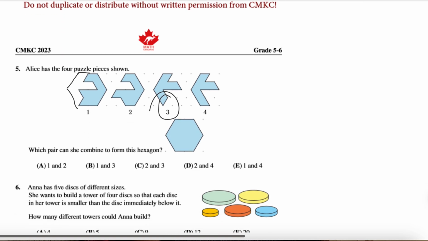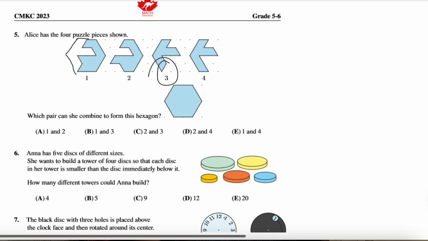Next question. Number 5. Alice has 4 figures shown. Which pair can you combine to make this hexagon? You look at number 1. You try to make it into a hexagon. It would look like this. So you need a shape that looks like this. And as you can see, number 3 looks exactly like this.